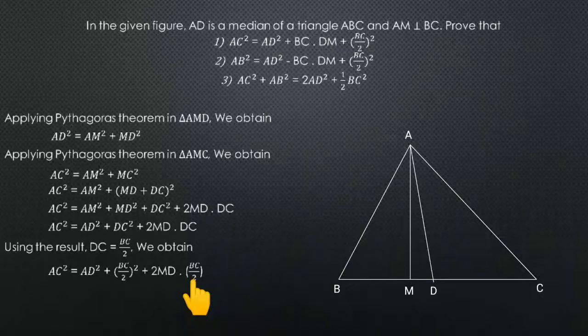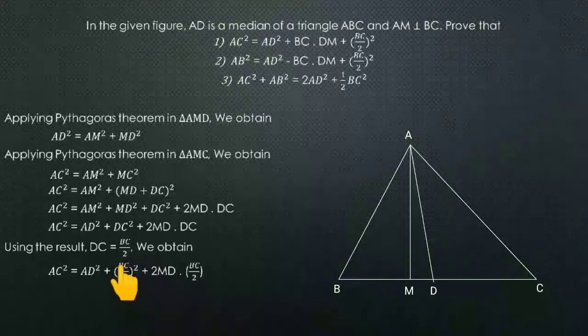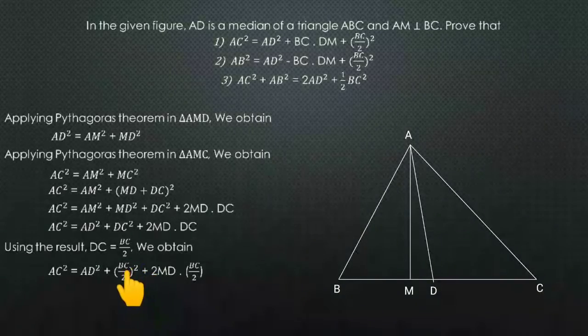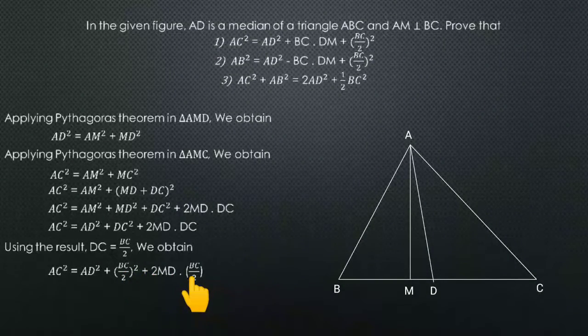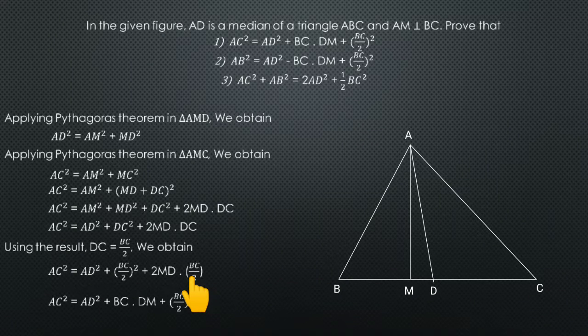Now simplify these two terms. Therefore, BC square by 4 plus, here 2 are cancelled. So our result is AC square is equal to AD square plus BC into DM plus BC by 2, hence proved.